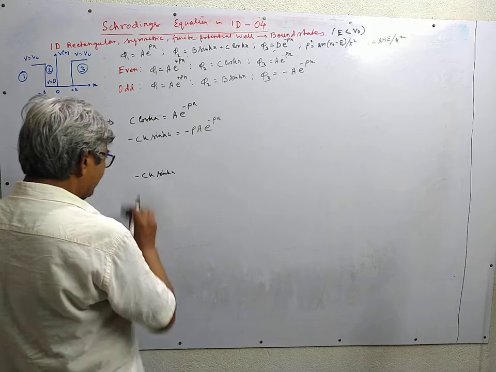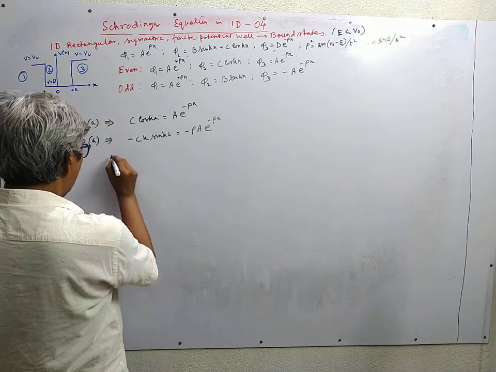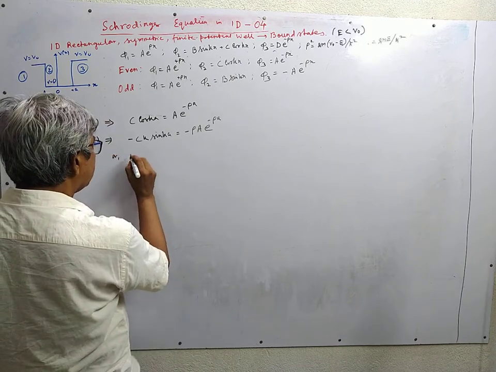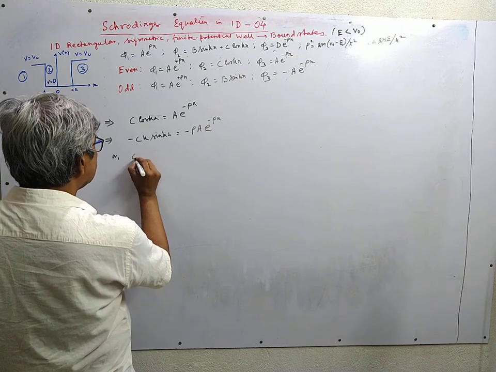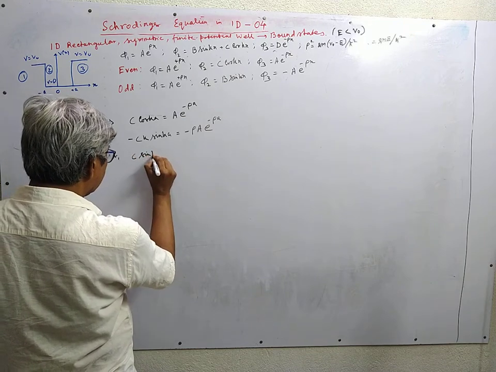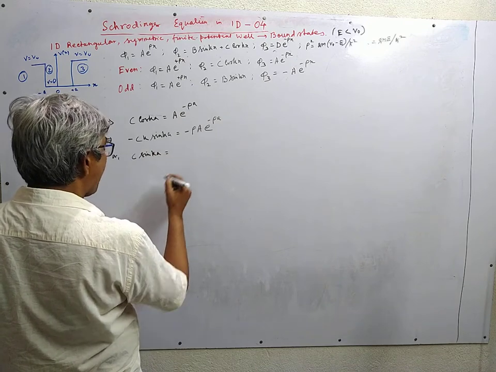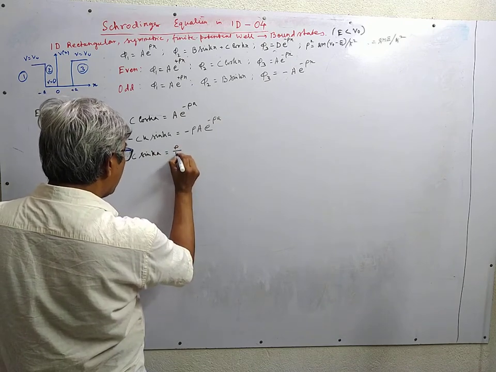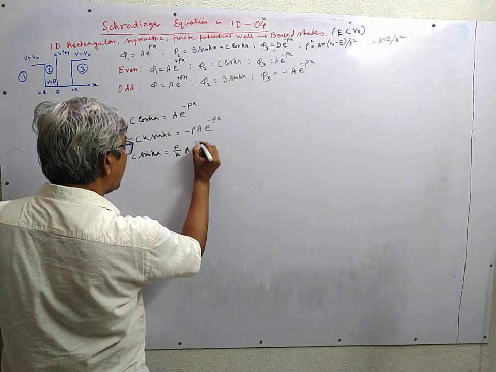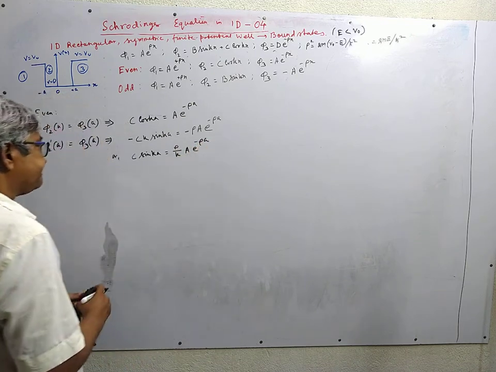So the minus sign goes, and we will have C sin ka is equal to rho by k A e to the power minus rho a.